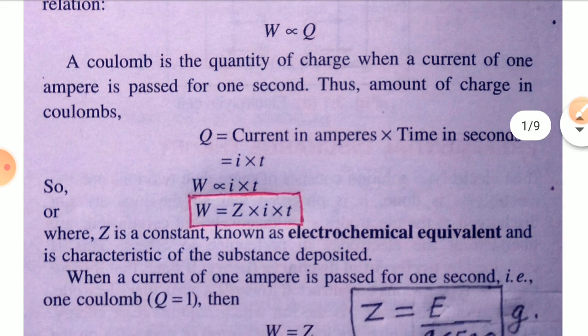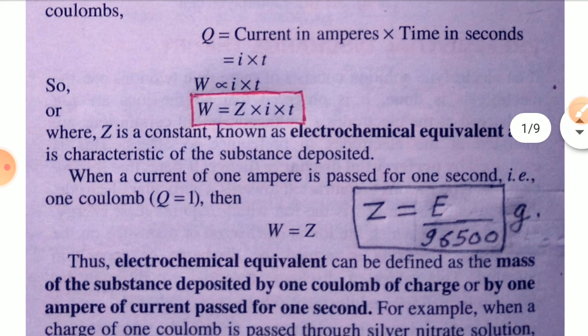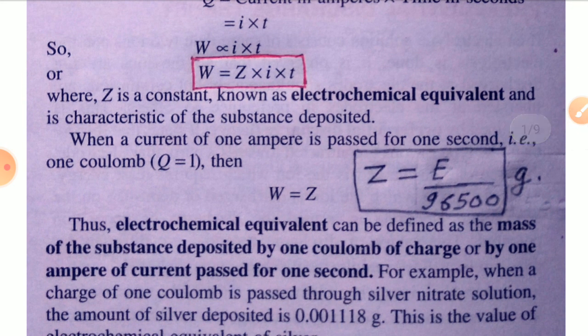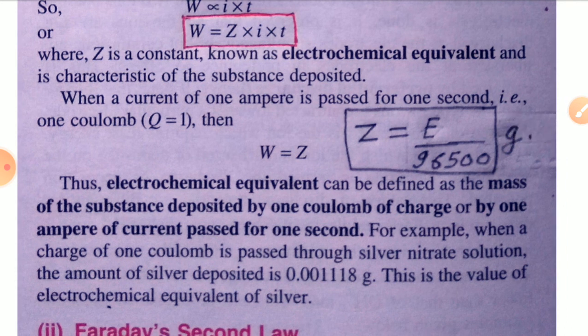So we may also write W is directly proportional to I into T. Finally, we may write W is equal to Z I T, where Z is a constant called electrochemical equivalent and is characteristic of the substance deposited. When a current of 1 ampere is passed for 1 second, that is 1 coulomb, the mass of substance deposited is equal to the electrochemical equivalent.